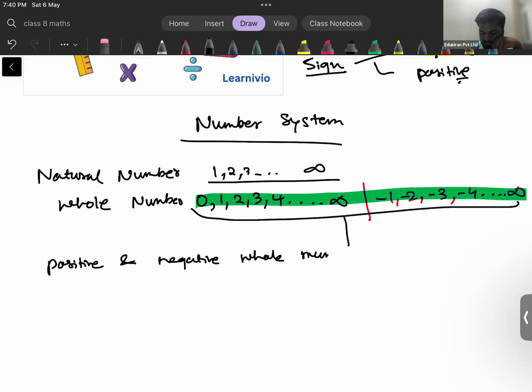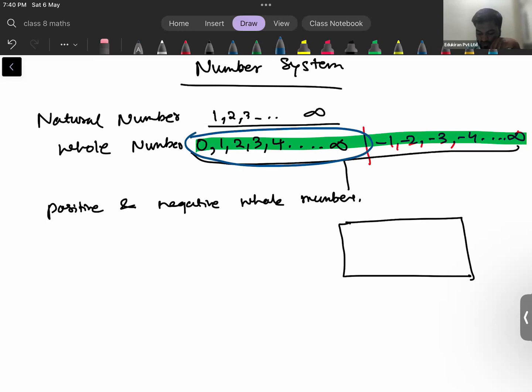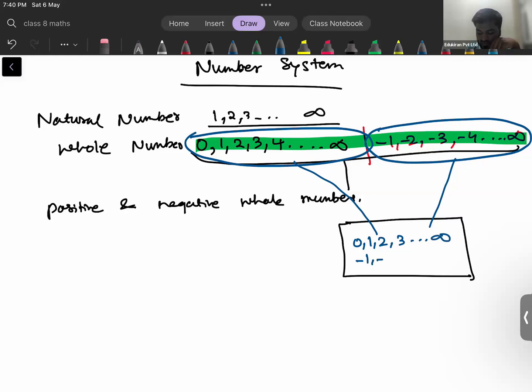I don't know, sir. Okay, so let's suppose I have got a box here, and in this box I put all these positive whole numbers and negative whole numbers: 0, 1, 2, 3, up to infinity, and -1, -2, -3, up to infinity.